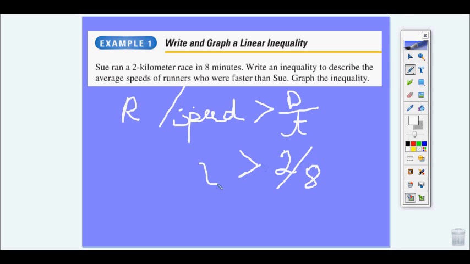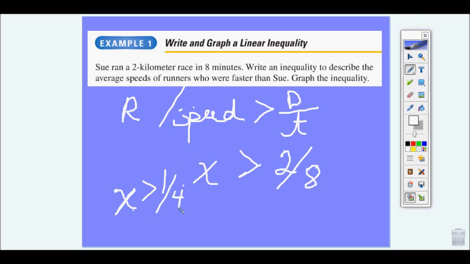I'm going to make it x just so it's easier to read. So x is going to be greater than 1/4. I'm going to simplify my fraction there.